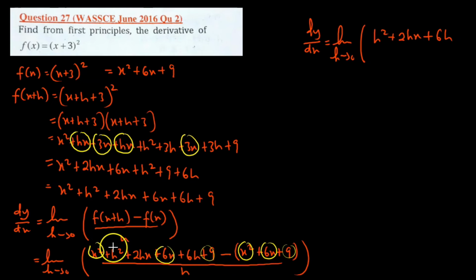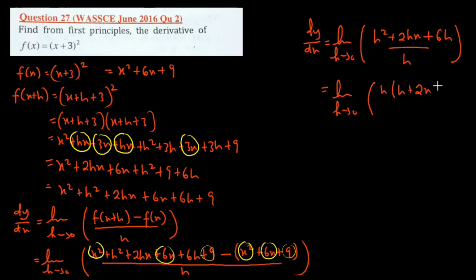So that is what we are left with, all over h. Remember, we cannot substitute the value of h at the moment, so it means we have to go further and then factorize out.